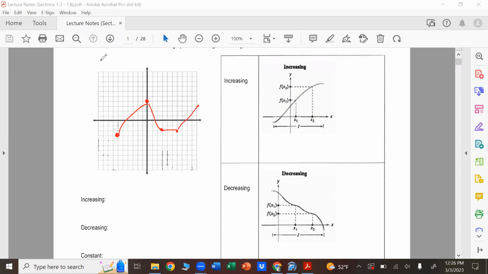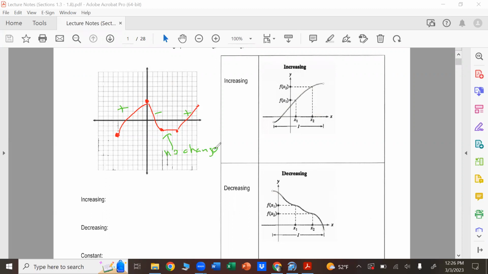Okay. So clearly the graph is rising over here and rising over here. It's dropping over here. And there's no change here.